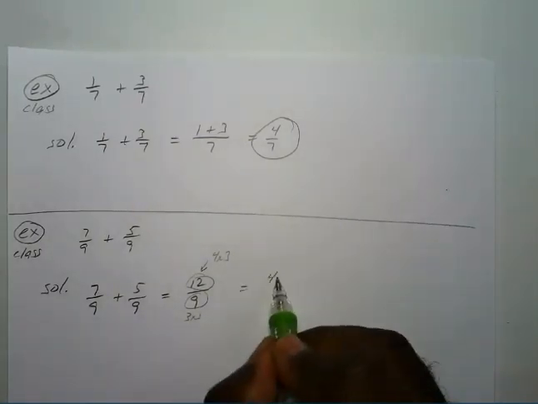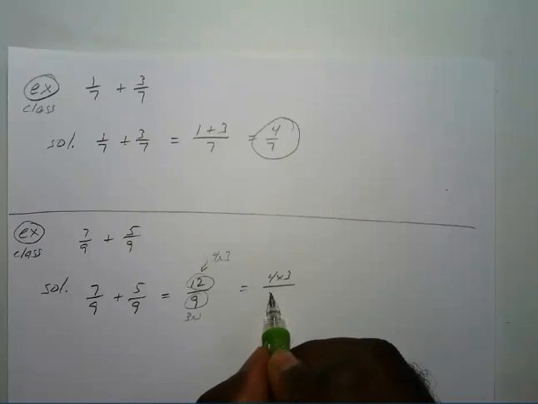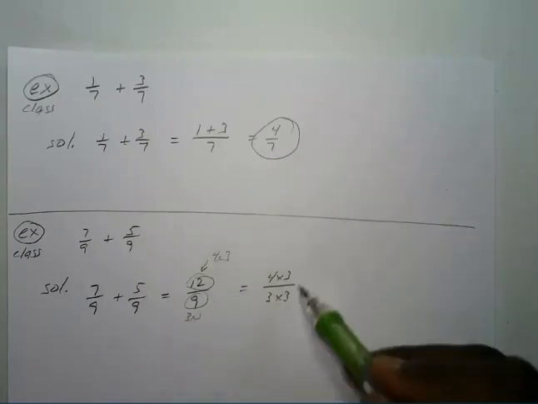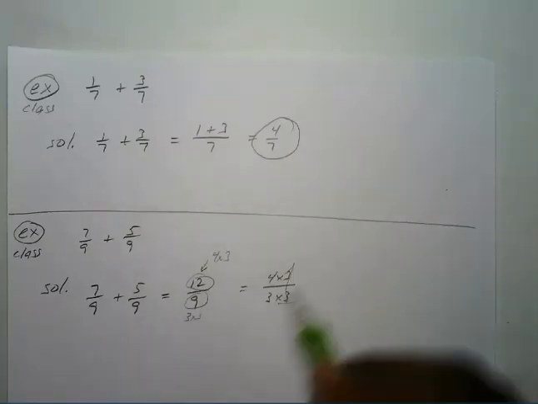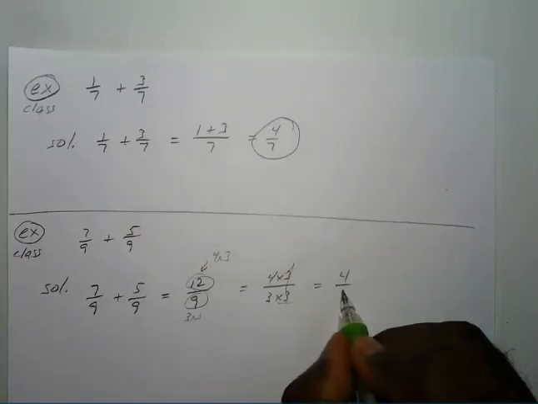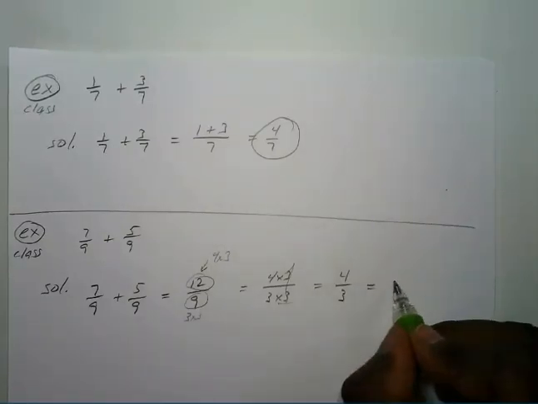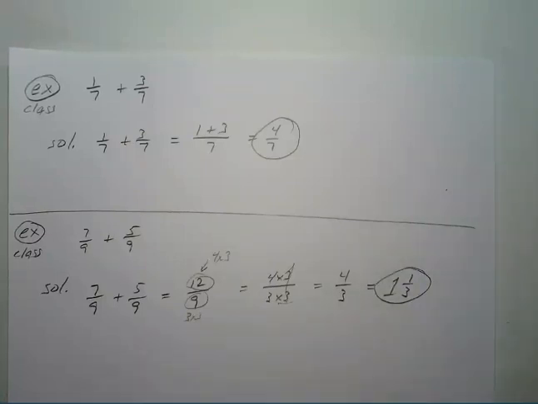So we have 4 times 3 over 3 times 3. Anything divided by itself is just 1. So that leaves us with 4 over 3, which is 1 1/3 once we convert it to a mixed number.